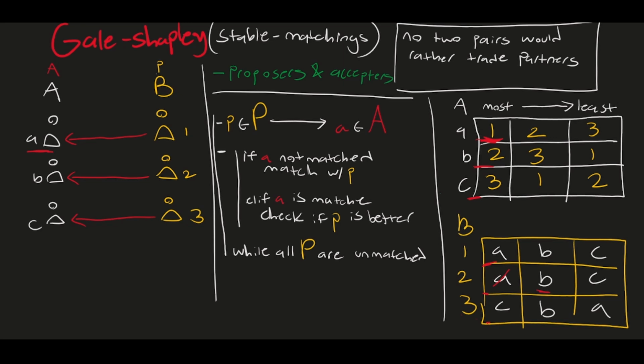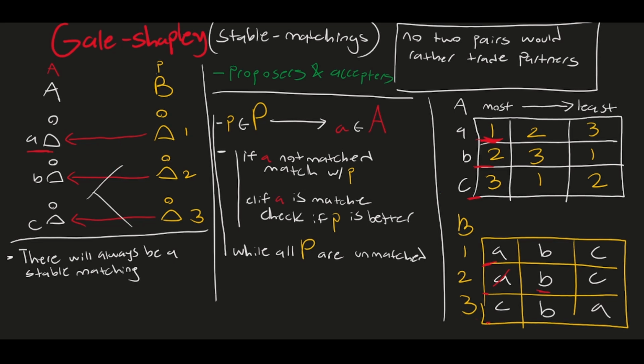There are some claims with this. There are claims that in every run of the Gale-Shapley algorithm there will always be a stable matching. No matter what happens, no matter how these tables are set up, there will always be a stable matching.